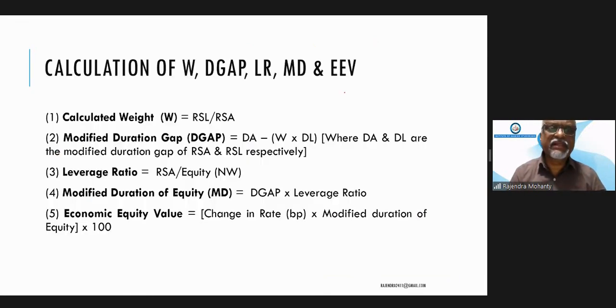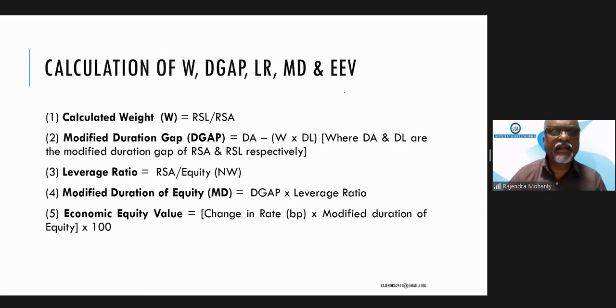Now the next thing: sometimes the question asks how to calculate different things. Normally you have to calculate the economic equity value, the last one, the fifth one. So sometimes a problem comes, calculate the economic equity value. These are the formulas you have to remember.